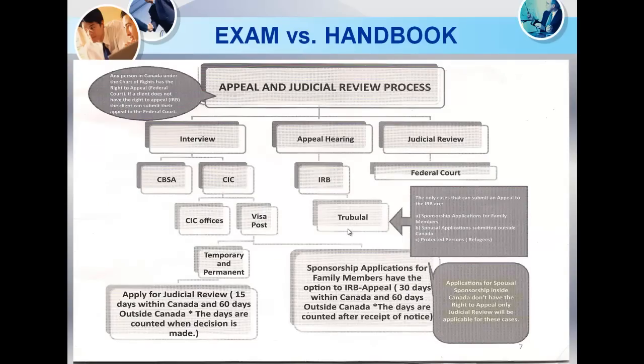When you fail those appeal hearing interviews, what are you going to do? Which legal remedy process can you have? Interview, appeal hearing, or judicial review. And when you do a judicial review, where can you go? Federal Court. The IRB is here for appeal hearing, and judicial review is here, Federal Court. And they also already mentioned the dates.